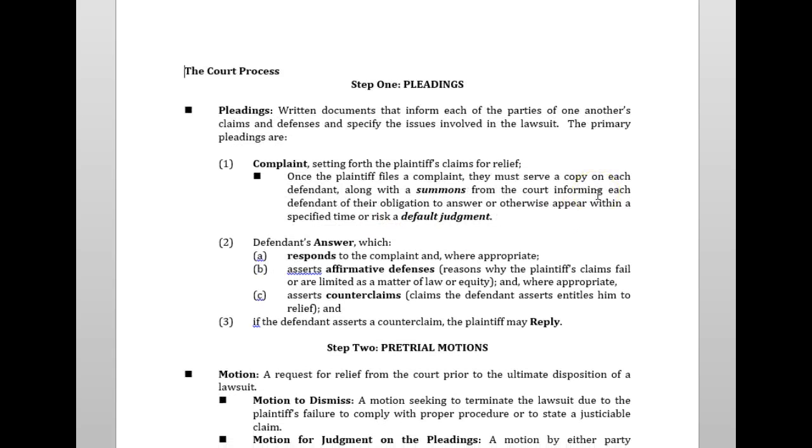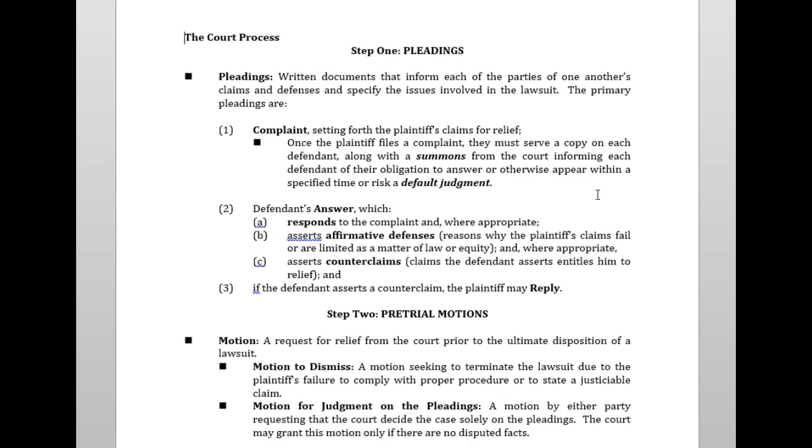Okay, the court process. Step 1, pleadings. These are written documents that are brought before the court with each side's claims, and they're literally called pleadings. This is what starts the process off. What is the complaint set forth by the plaintiff?